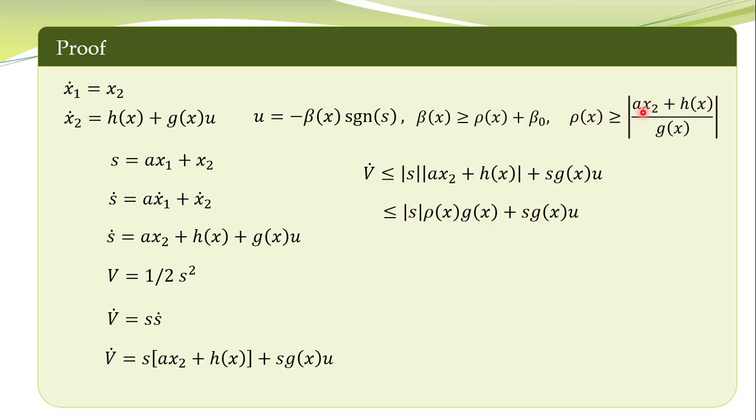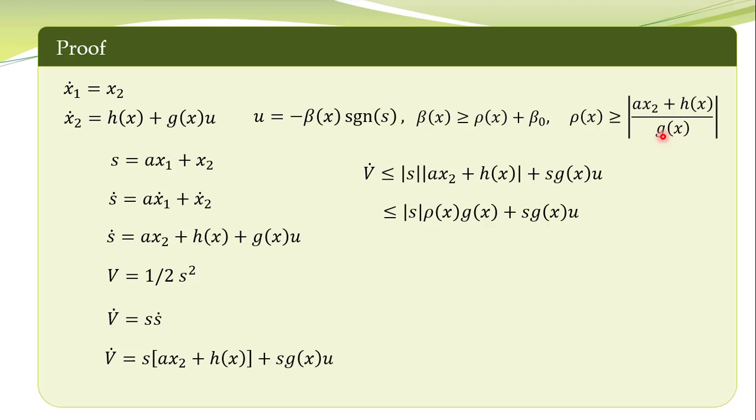And then from this relation, what is G? G is always positive. We have this assumption, and therefore this Ax2 plus h of x is always less than or equal to rho multiplied by g of x.